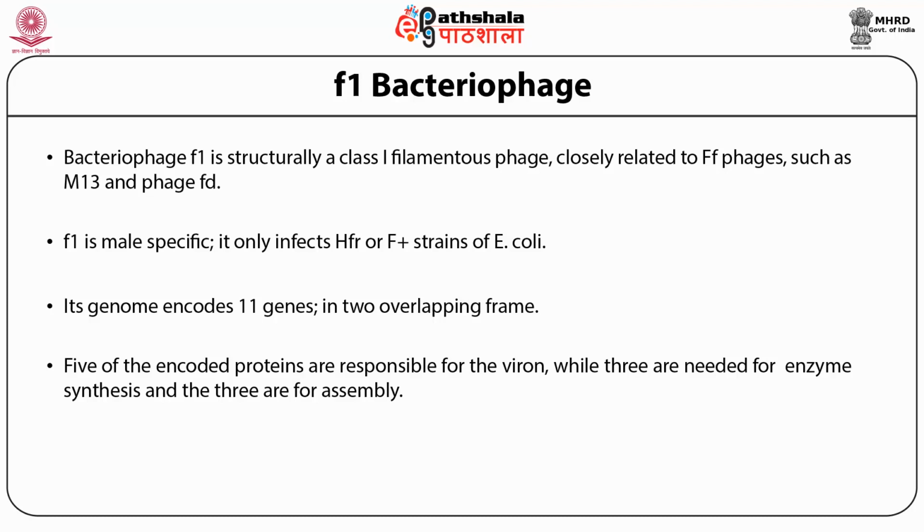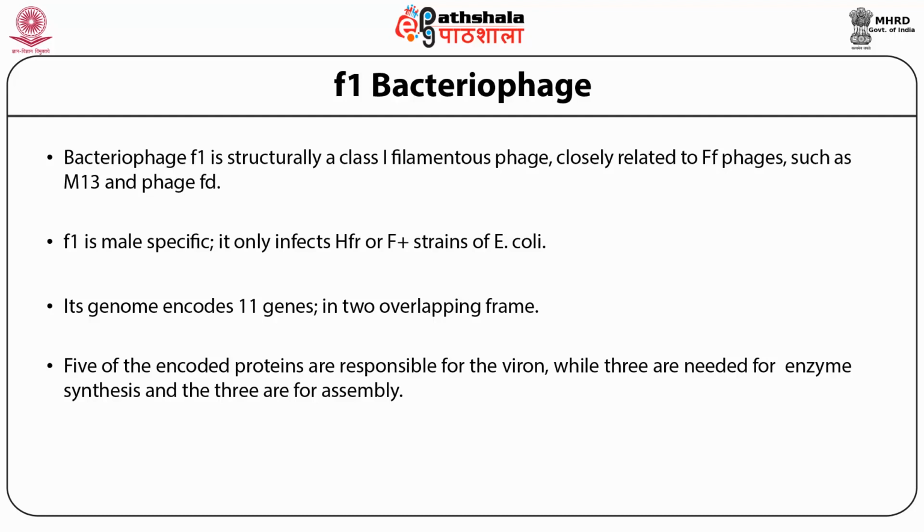Thousands of identical major coat proteins make up the sheath and are arranged in a fascicle-like alpha helix. The ends of the filament are sealed with protein caps. The blunt end contains 3 to 5 copies of each of the gene 7 and gene 9 proteins, while the terminally extruded bead-like end contains about 5 copies of each of gene 3 and gene 6 proteins.